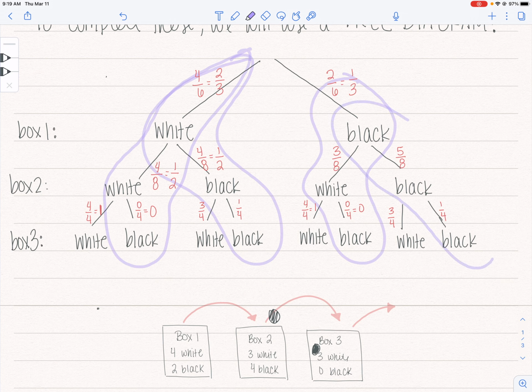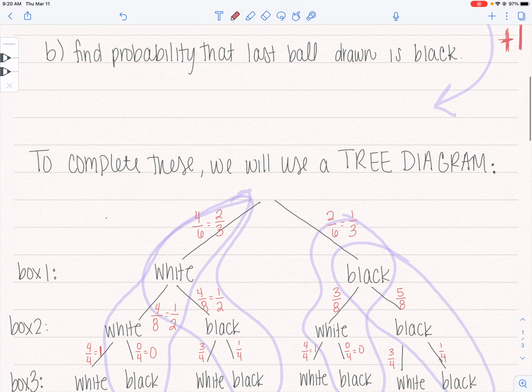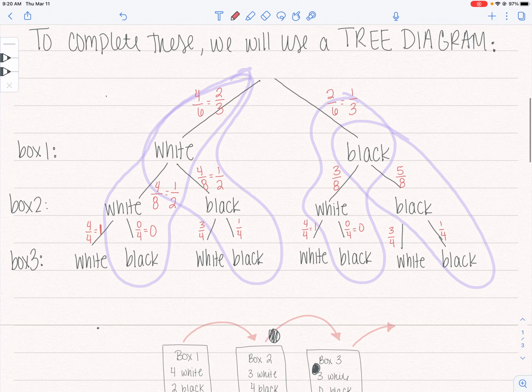Now, the cool thing about this is because it can either be white or black, when you add these two probabilities, once you get the final probabilities, you should get 1, because that covers all of the scenarios. So, hopefully that helps. If you still have questions, of course, let me know, and I wish you luck.